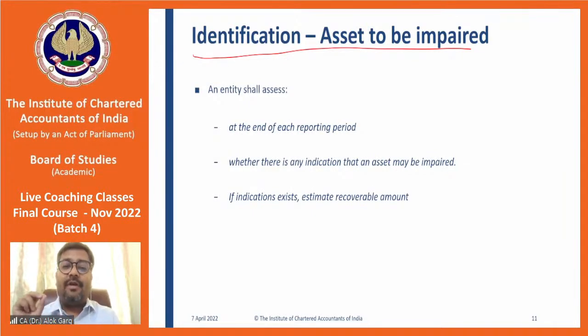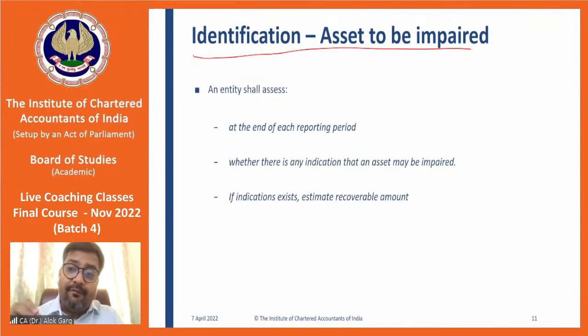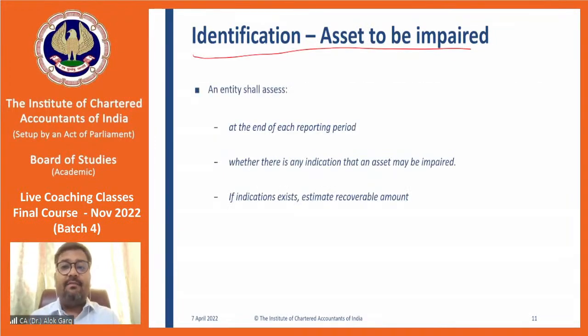First of all, management should identify whether there is any indication that an asset may be impaired. So guys, first of all, at the end of each reporting period management should check for the indicator of impairment, right? And if the indicator exists, then only management should estimate the recoverable amount.